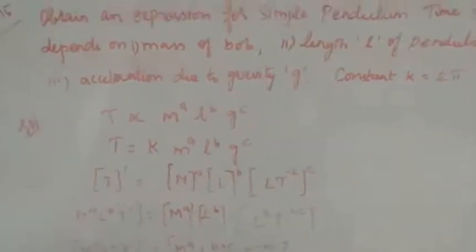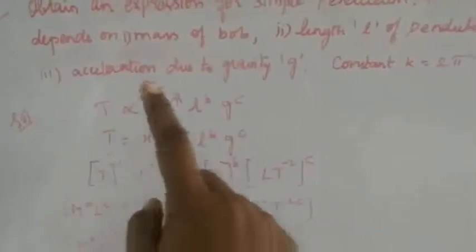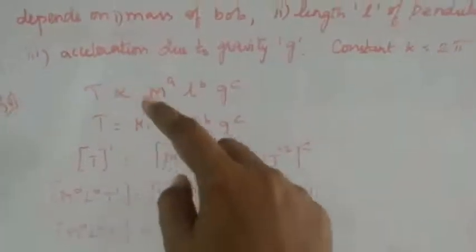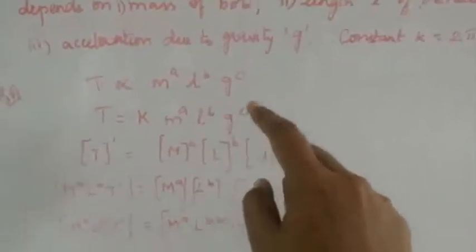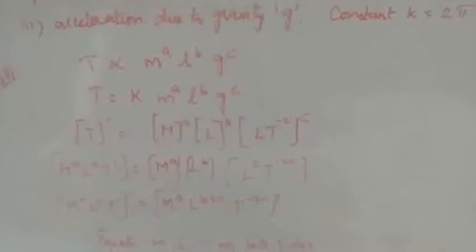So time T is directly proportional to mass, length and gravity. We don't know how much mass, how much length and how much value of gravity. So it is m power a, l power b and g power c.